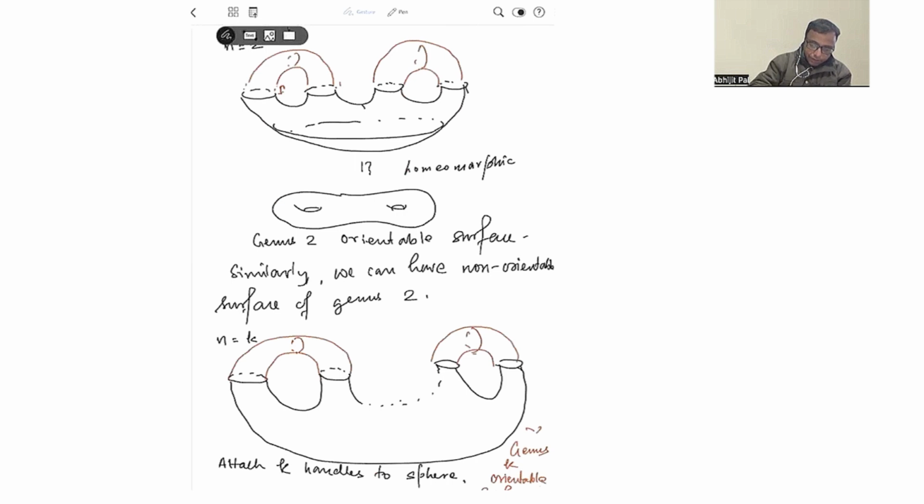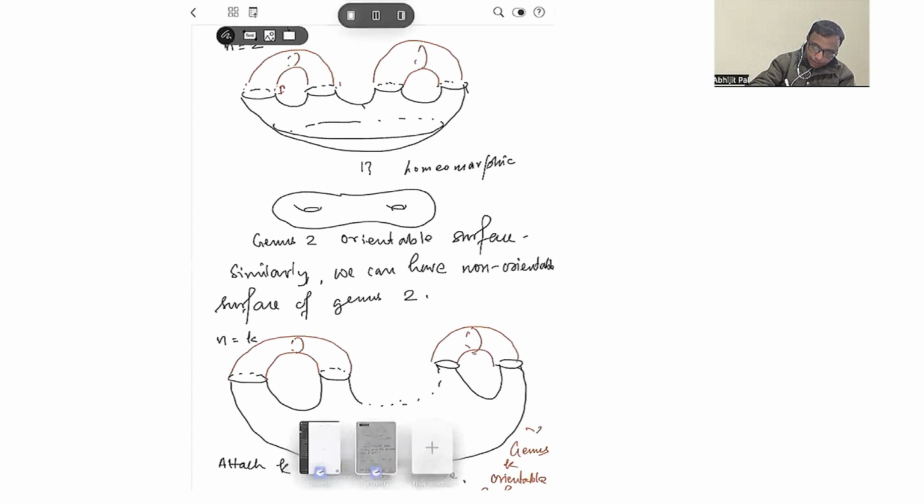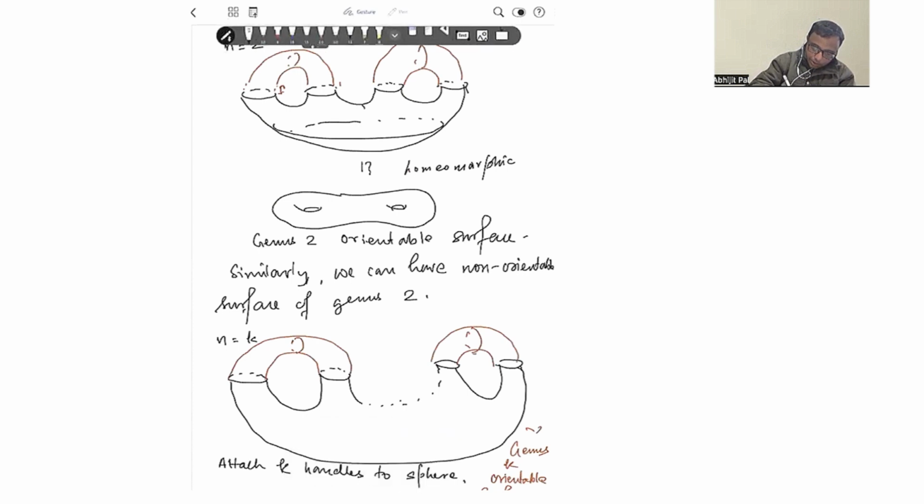And for n equals 2, you continue the process. So for n equals 2, what we are going to do is take a sphere with 4 holes, D1 union D2 union D3 union D4.